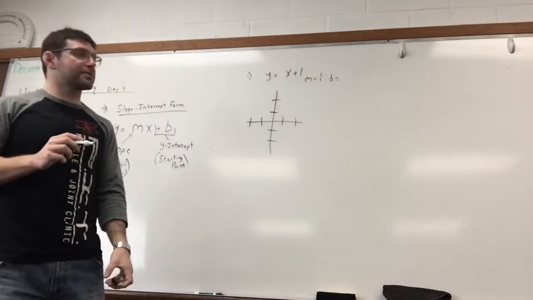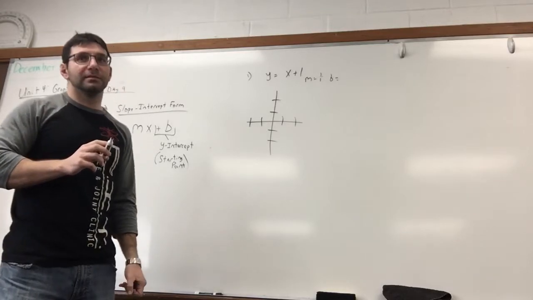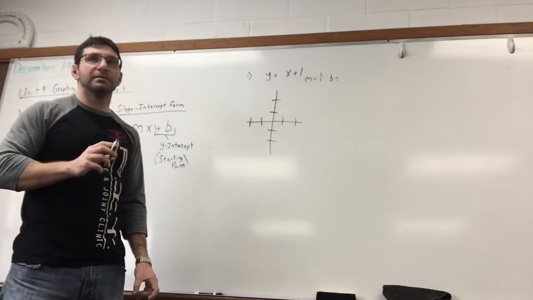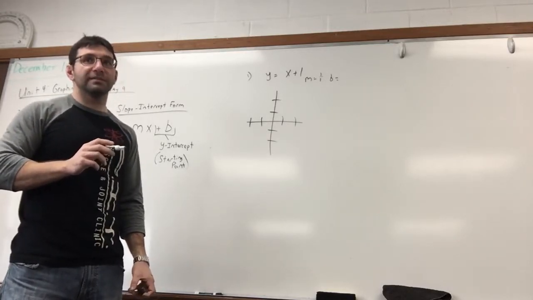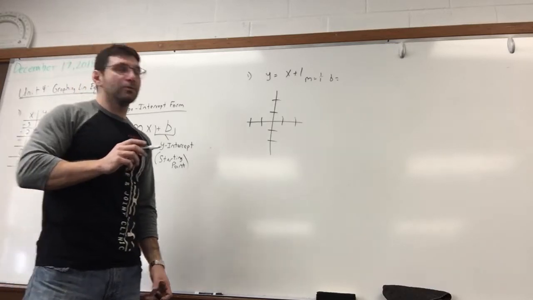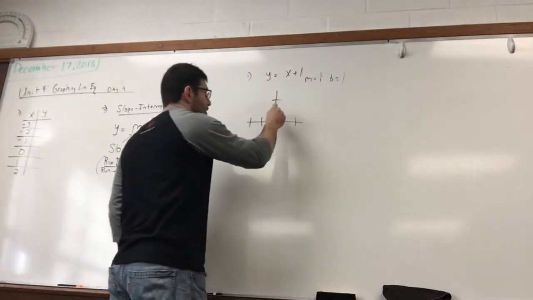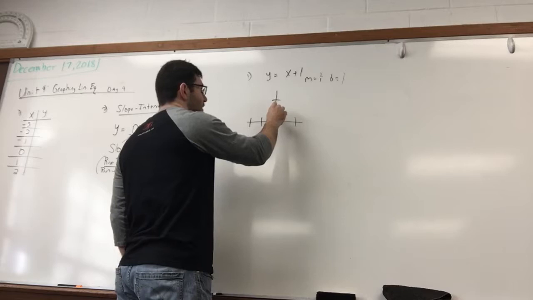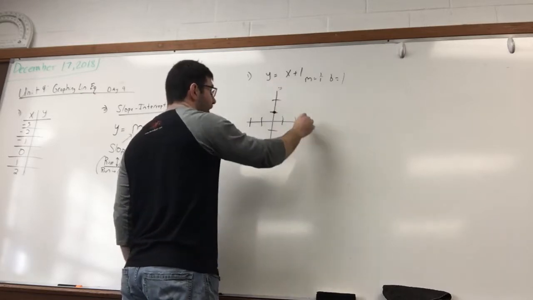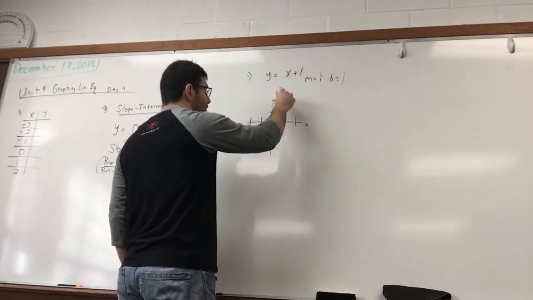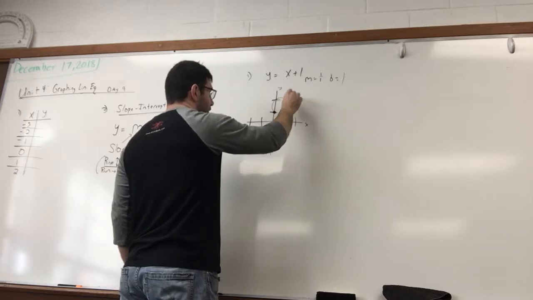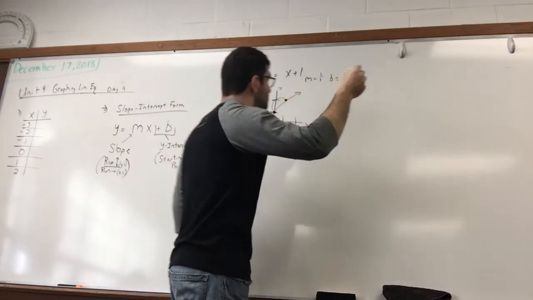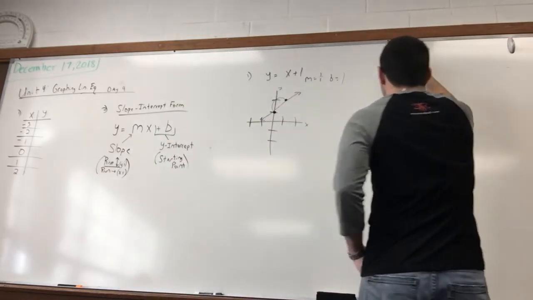What's my y-intercept, Bianca? What is it? What number? 1. So we come up here, we start at 1. That's my starting point. It crosses the y-axis. We go up 1, we go over 1.